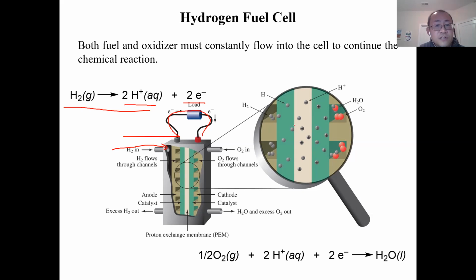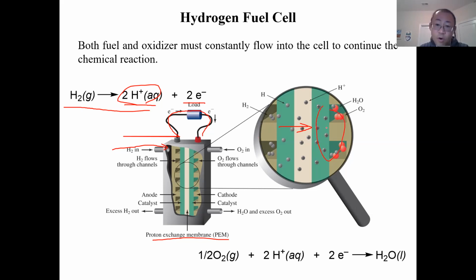Now, what's different is the hydrogen ion will diffuse through a membrane called a proton exchange membrane. This is the enlarged version. The hydrogen ion will diffuse through the proton exchange membrane from the anode to what?